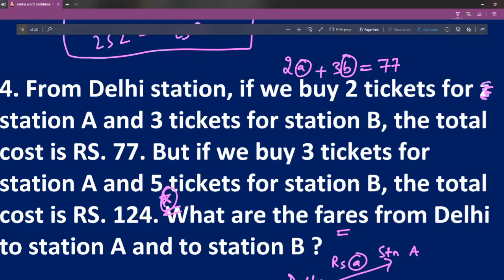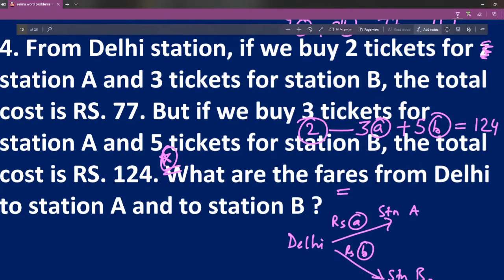The second equation, if we buy 3 tickets for station A, so 3A plus 5 tickets for station B, this will be 5B. The total is 124. So this is my equation 1, this is my equation 2. I need to solve these. So let us solve these 2 equations.